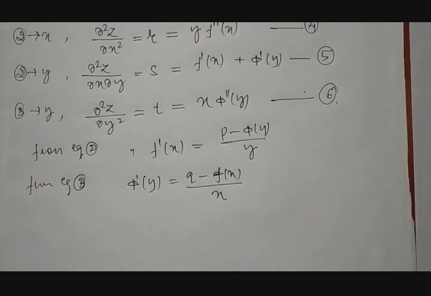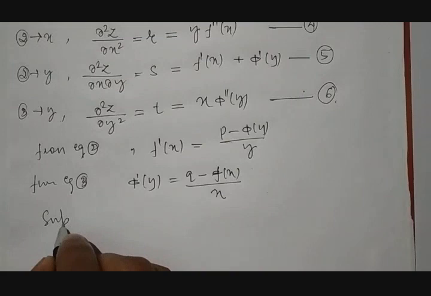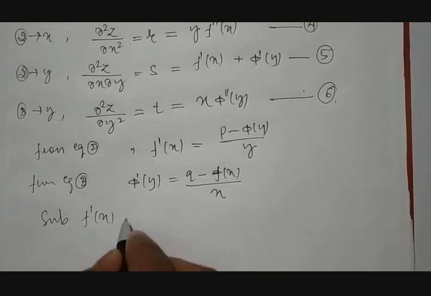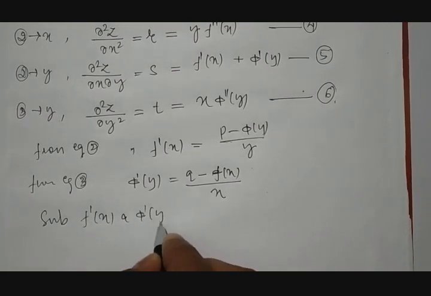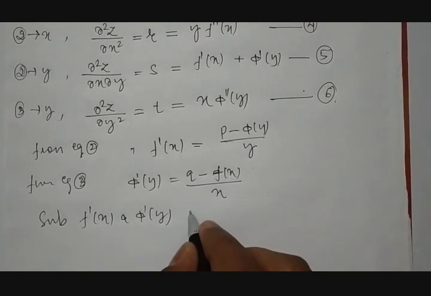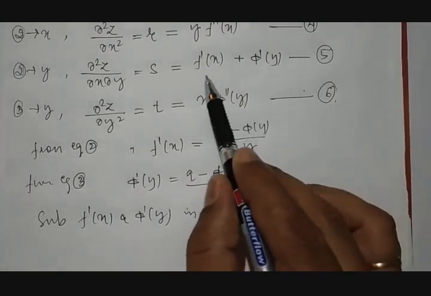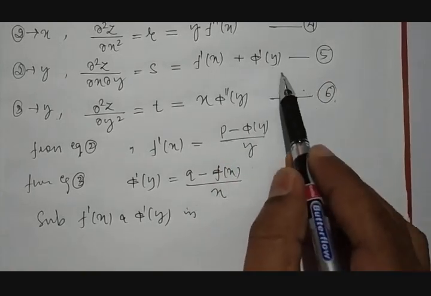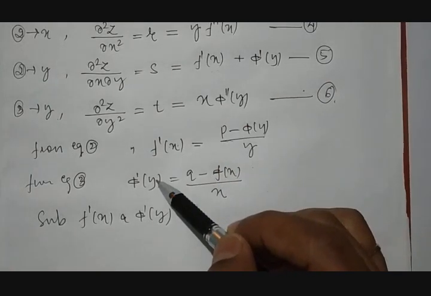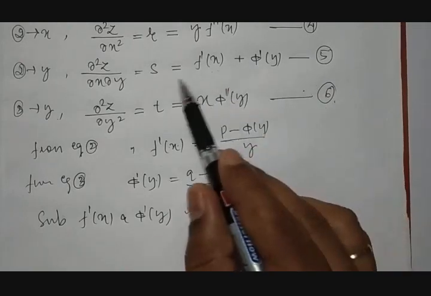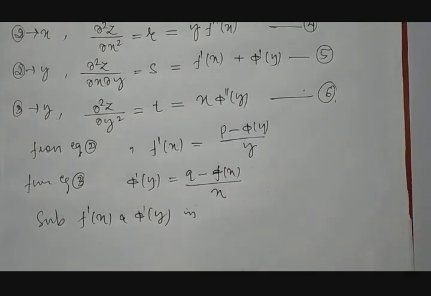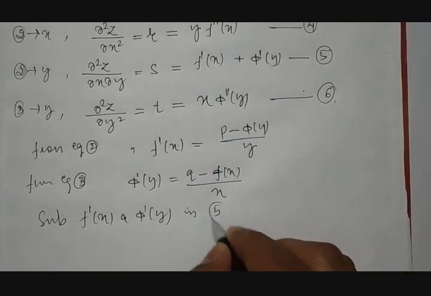Then what we do, we'll substitute this f dash of x and pi dash of y value in any of the equations to get a solution. I choose this equation, the better one where we can substitute the pi dash of y and f dash of x values easily to get a solution, that is equation number 5.